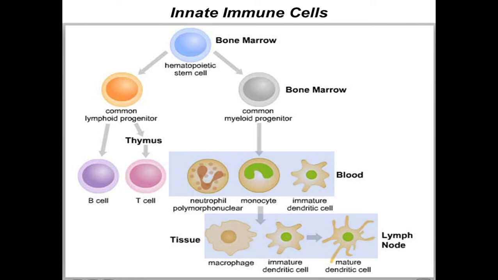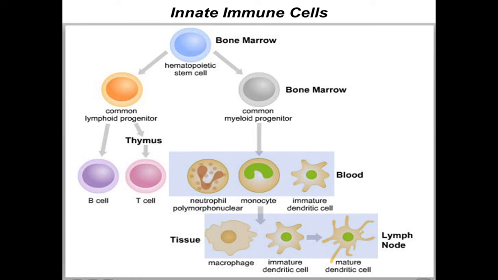For the lymphoid progenitor cells, the organ involved is the thymus, which produces the lymphocytes. And we have the bone marrow itself, wherein we have the myeloid progenitor cells, or the precursors of all other blood cells in the body.